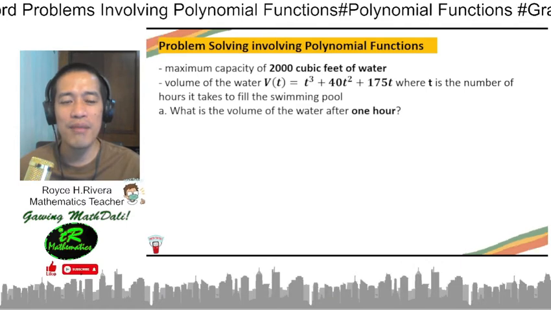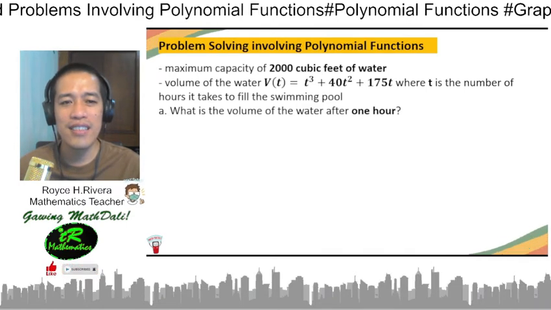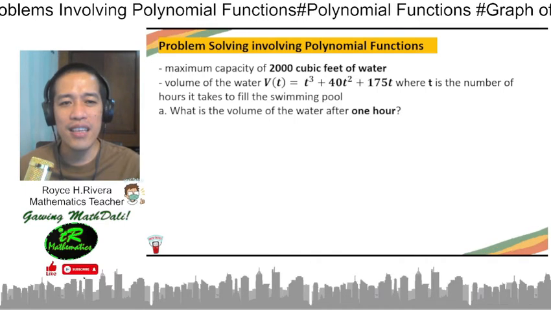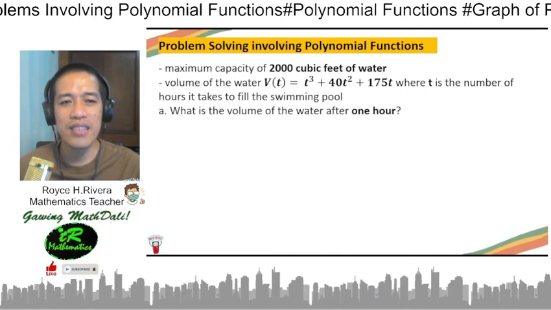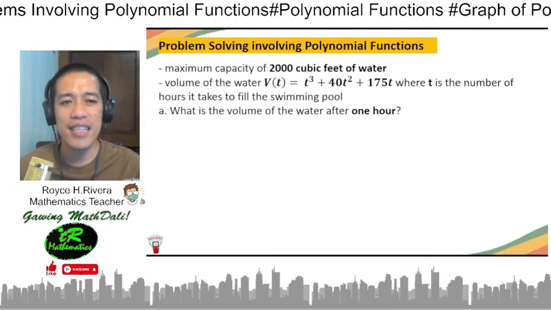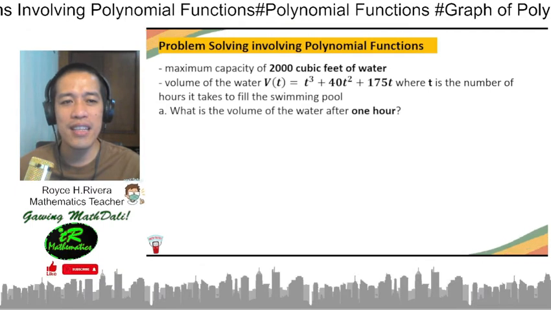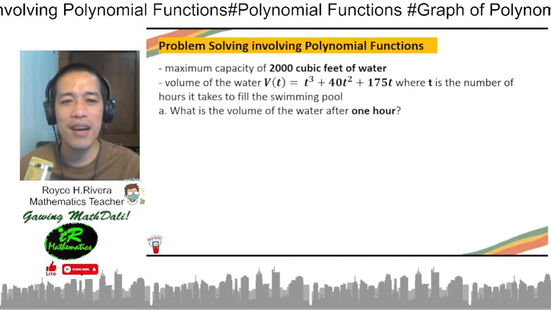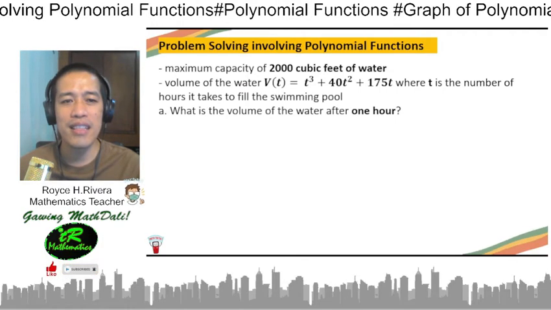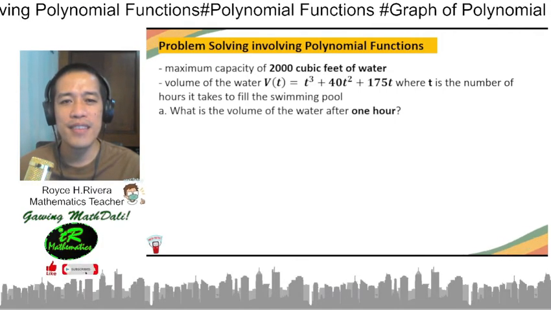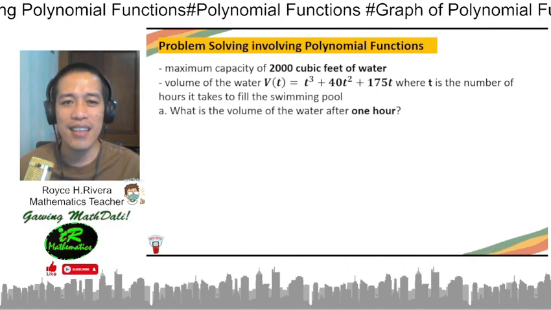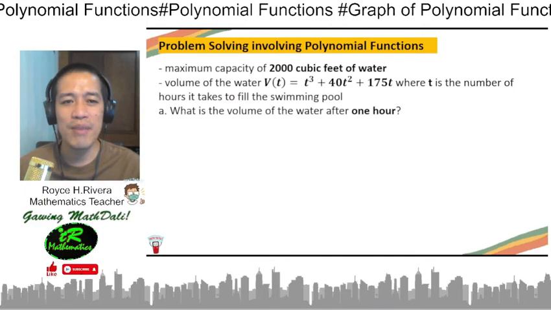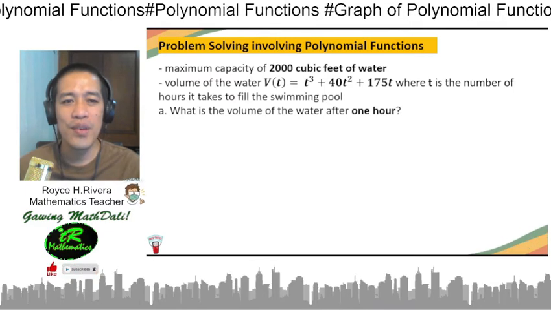And the volume of the water is v of t equals t raised to 3 plus 40t squared plus 175t. Again, where t is the number of hours it takes to fill the swimming pool. Subukan nating sagutan ang letter A question. What is the volume of the water after 1 hour?